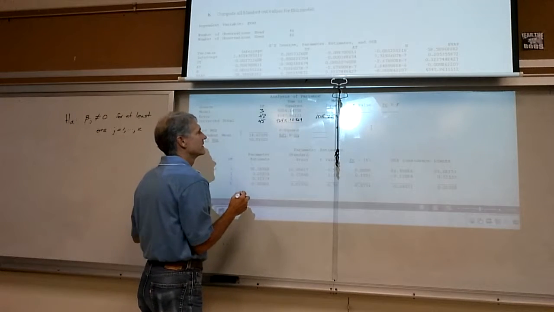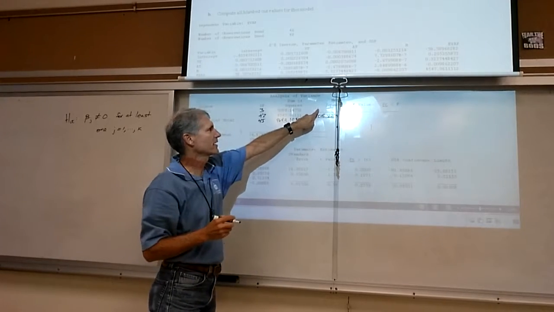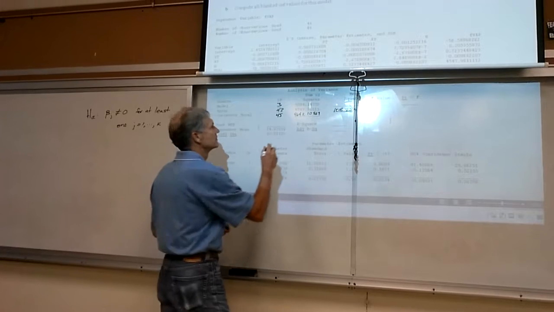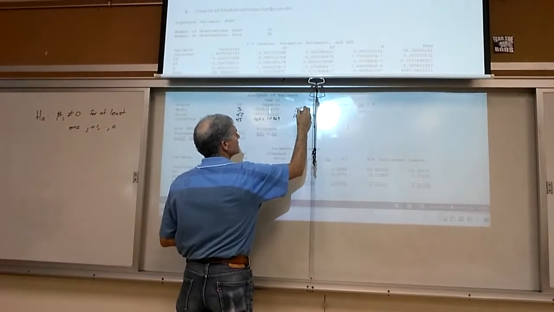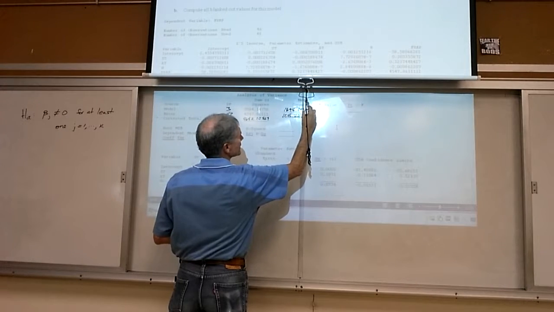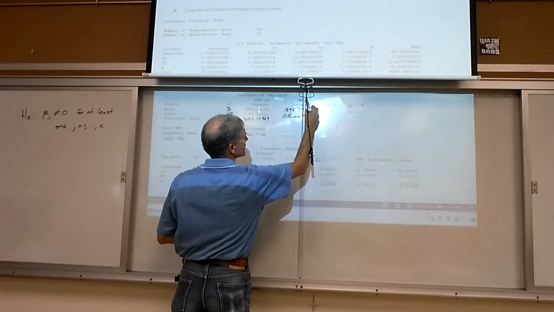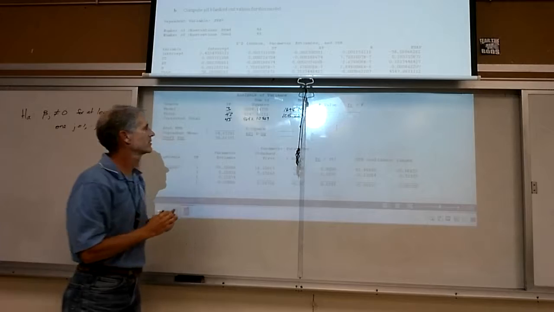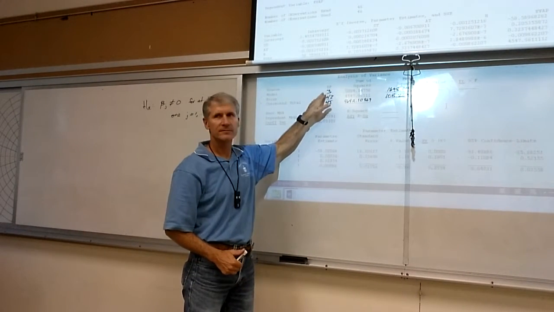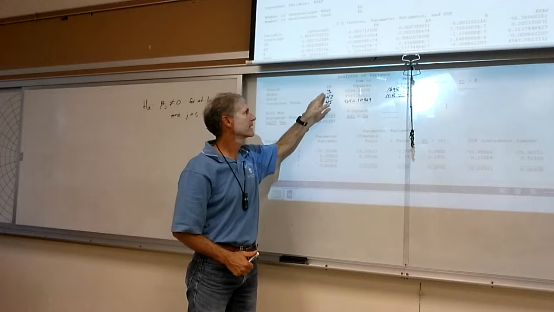Okay. And then mean squared model is 1698.049193. 049 what? 193. 193. Okay. And you get that number by dividing the sum of squares model by the DFM, okay?